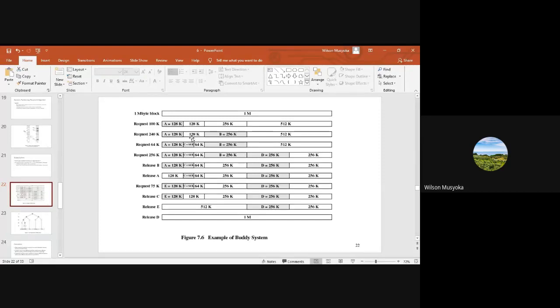Again, you see that this 256, you divide it again into 2, whereby you have 128 and 128, and then you see that the request for 100 kilobytes is going to fit into 128, and that is where you are going to fit it. That is what we mean by a buddy system.